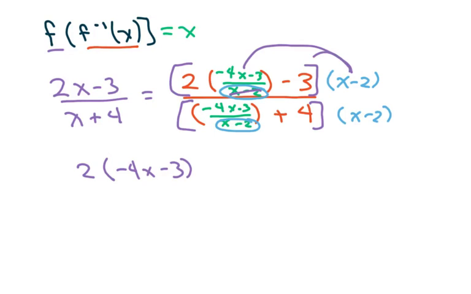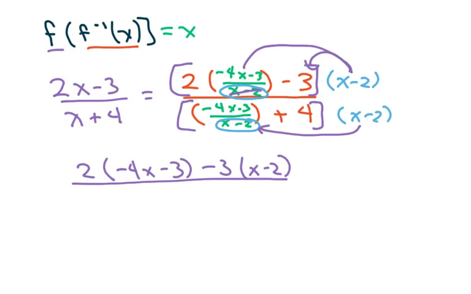When you distribute here, you're just going to get negative 3 times x minus 2. Okay, and then you have to also do the denominator. What will happen when you distribute here is that just cancels. So you get negative 4x minus 3, and we distribute here, you get plus 4 times x minus 2.